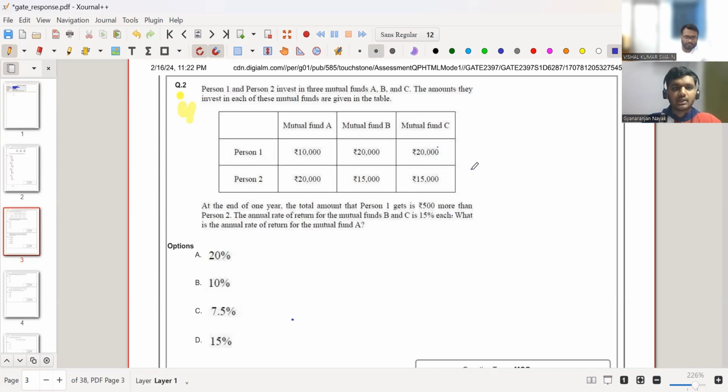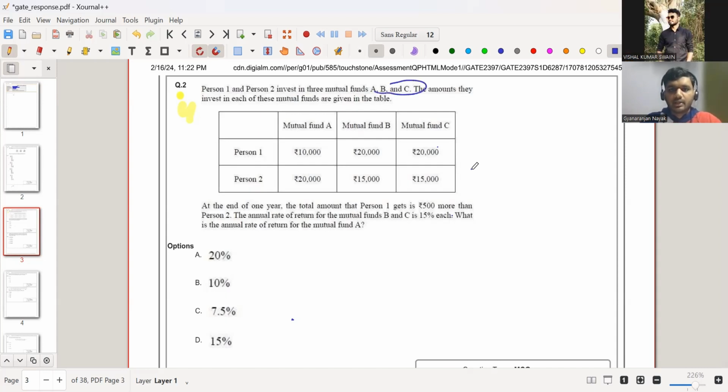Now we proceed. Person 1 and person 2 invest in three mutual funds, A, B and C. The amounts they invest in each of these mutual funds are given below.